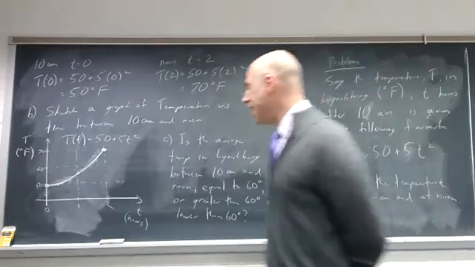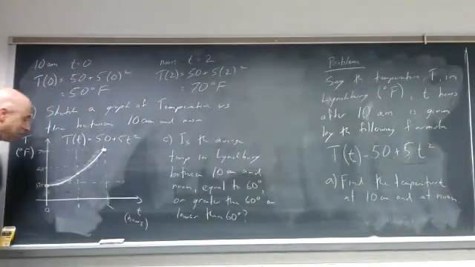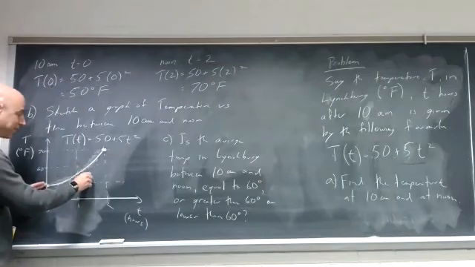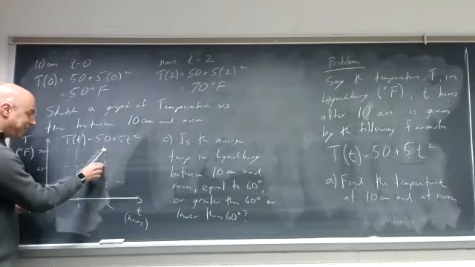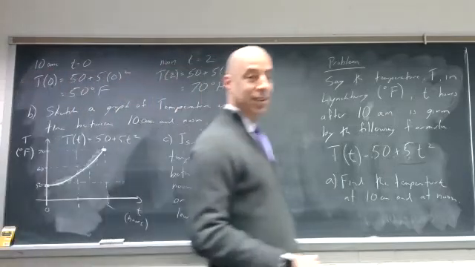Yeah, that's definitely getting close to it. Really, it spends most of its time below 60 degrees, right? It's only above 60 degrees for like this last little bit. Does that make sense?